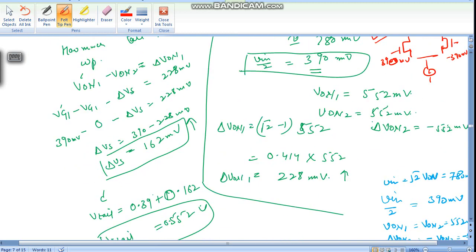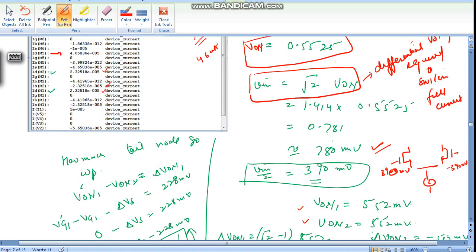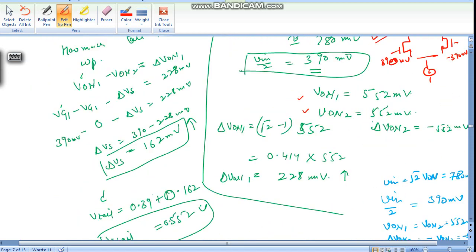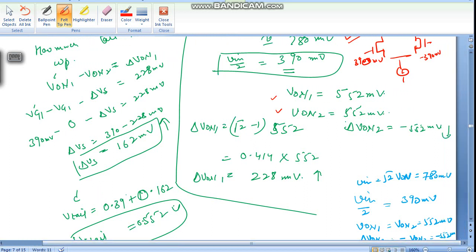Initially Von1 and Von2 are the same, which is 552 millivolt, as we have just calculated. This is the initial value, and now when we give the differential voltage, how much will Von1 change and how much will Von2 change?